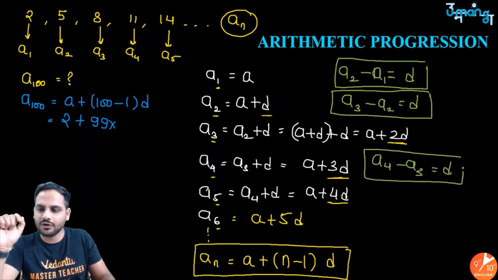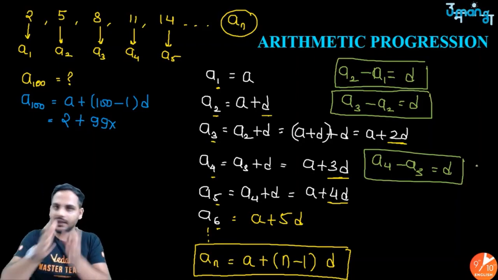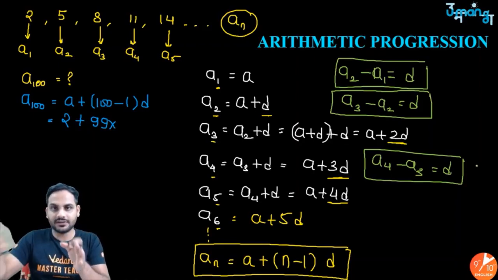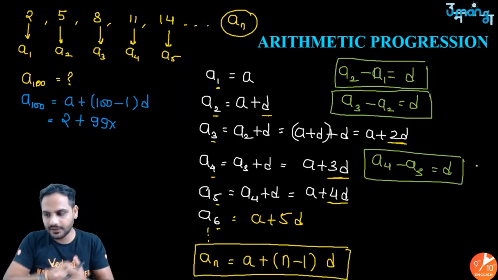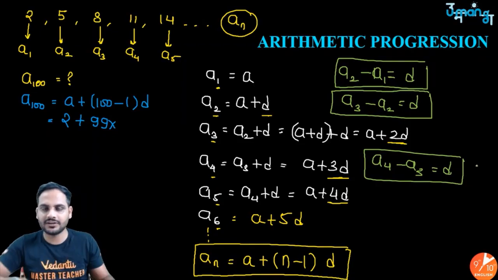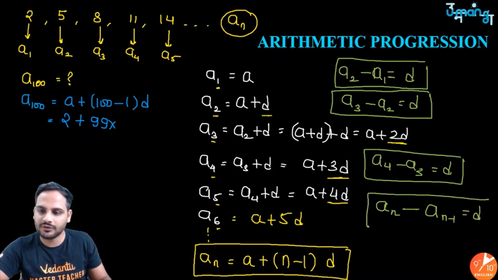So from here I got to know that any term you pick minus the previous term, you will get the common difference. Remember this carefully. If I pick the nth term, and from that subtract the (n minus 1)th term, that is the formula for d.